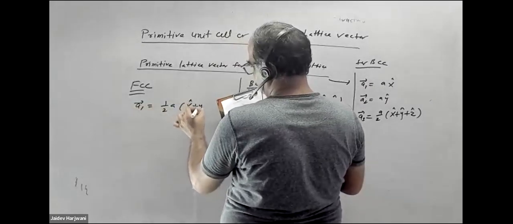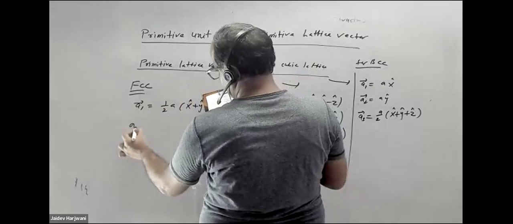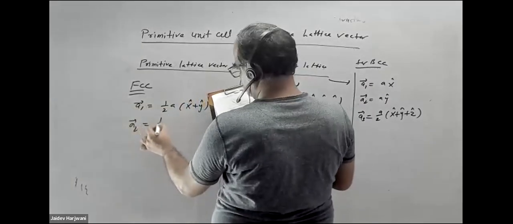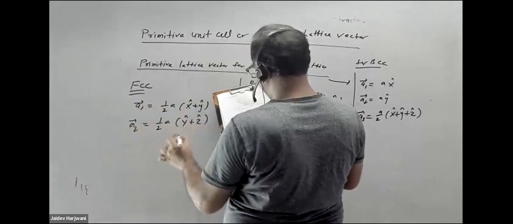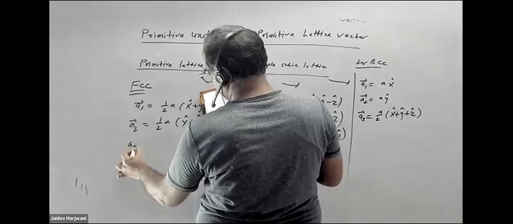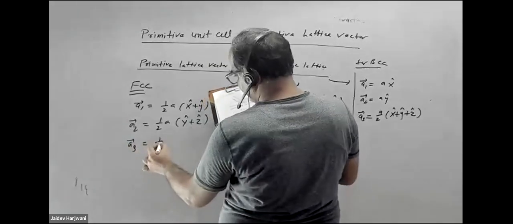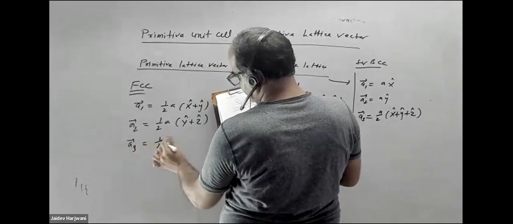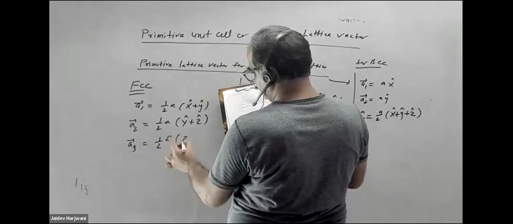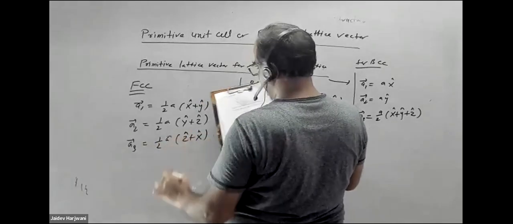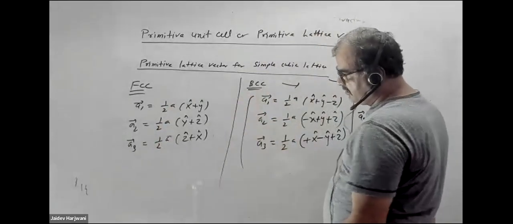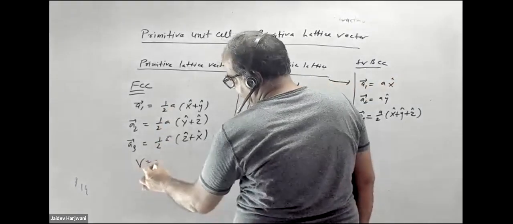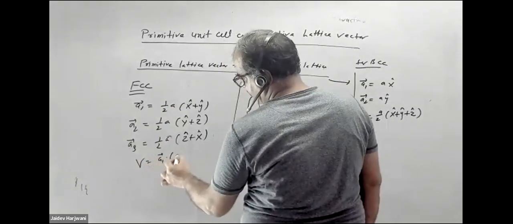Now for FCC you can write A1 equal to half A x cap plus y cap, A2 is equal to half A y cap plus z cap, A3 equal to half A z cap plus x cap. ये वेक्टर कैसे आए ये मुझे आपको बताना है। And you can find out the volume also. वॉल्यूम आपको पता ही है कैसे निकालते हैं, A1 dot A2 cross A3.